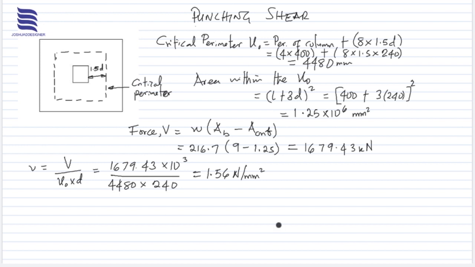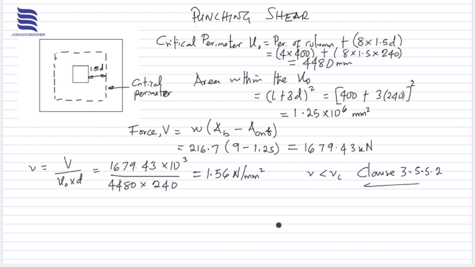We have to compare the value of our V to that of VC. So in your code of practice, clause 3.5.5.2 discusses the provision that we'll need to consider in this regard, whether V is less than VC or greater than VC.